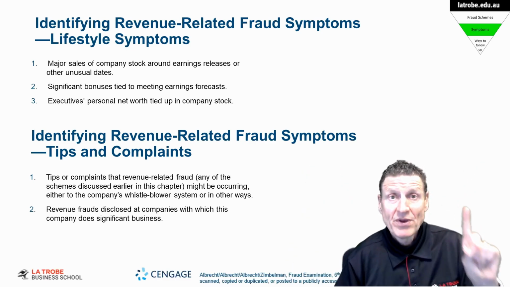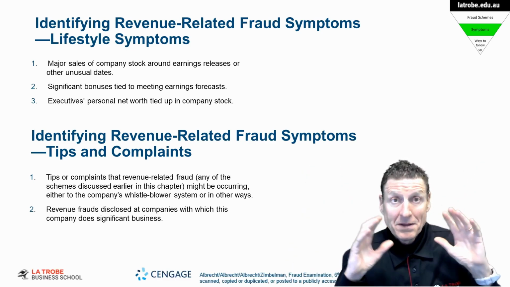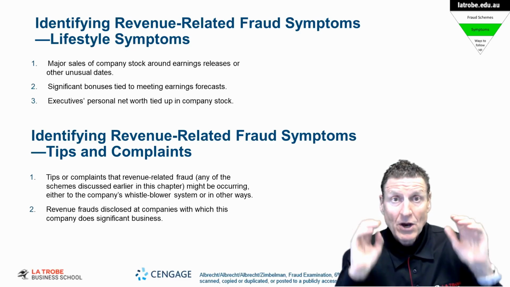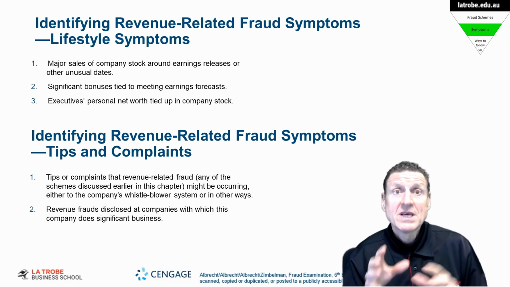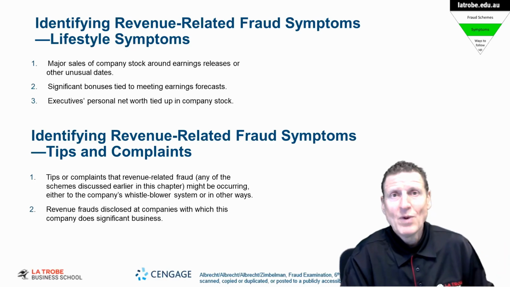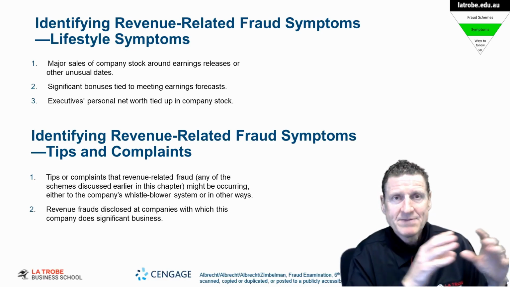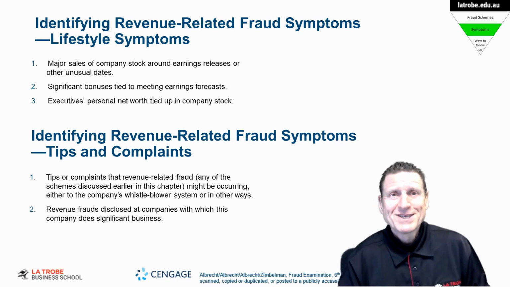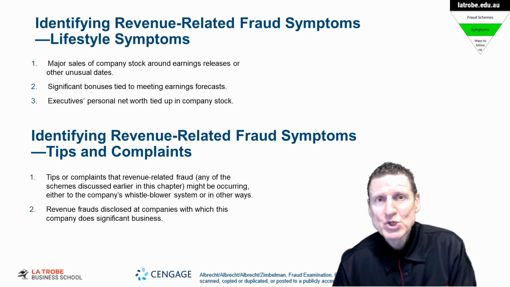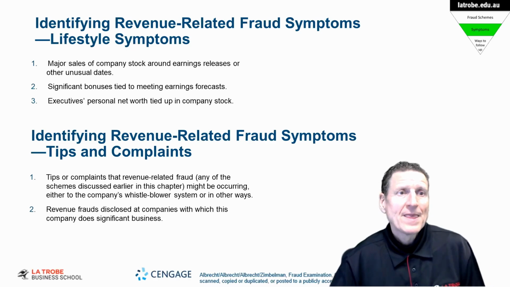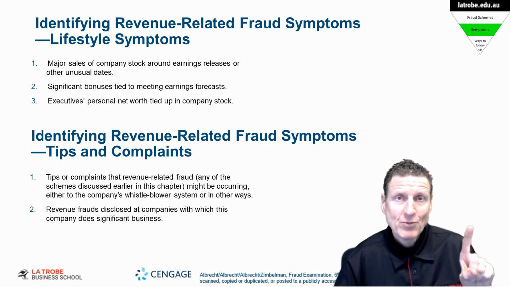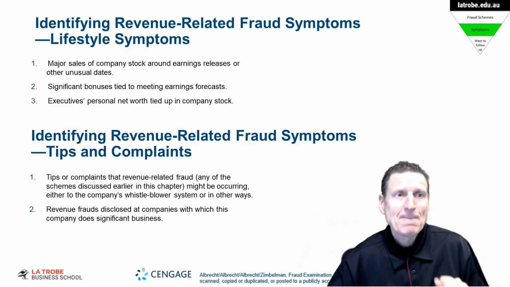Maybe they're paid a salary of $1 and then their only income is options related to the stock price. Now, I know Steve Jobs had something like that at one time, and I'm not saying that Steve Jobs was a fraud, okay? But I'm just saying that's something unusual. That's a heads up, a red flag to look out for, because not every executive has a salary of $1 and the rest in stock options.